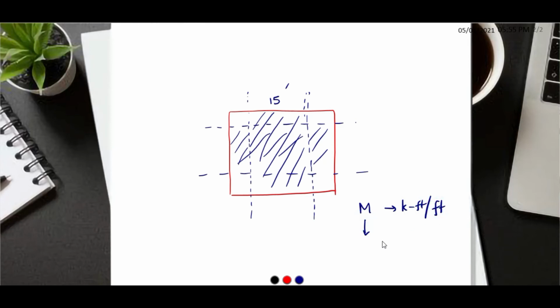So according to this moment value you will get some steel values, and then according to the area of steel you will provide some reinforcement with particular spacing. So whatever the reinforcement pattern is for 1 foot, you have designed it for 1 foot only, the same applies for 15 foot throughout the center strip. If you want to provide this in this corner, then it will be safer, but more than safer.